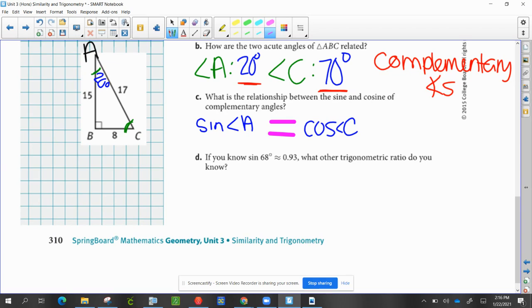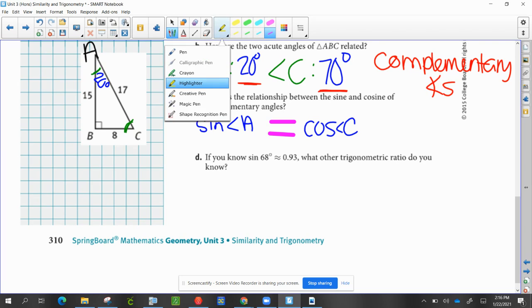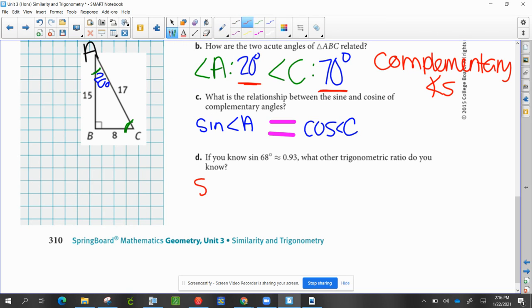So again, they're complementary. Angle A and C would be complementary angles. The sine of one angle should equal the cosine of the complementary. So let's use that idea to answer letter D here. If you know the sine of 68 degrees is equal to 0.93, what other trig ratio do you know? They're asking, if we know the sine of 68 degrees equals 0.93, that also equals what?